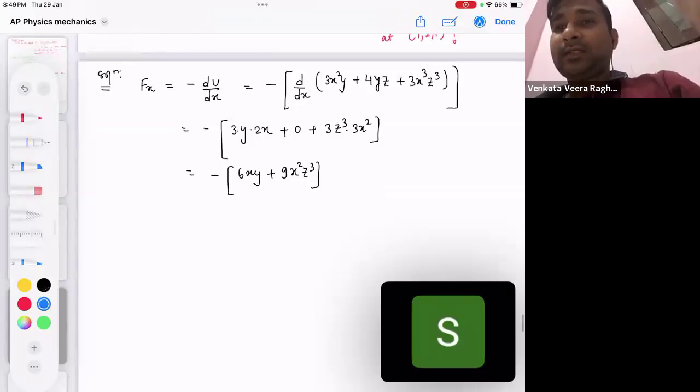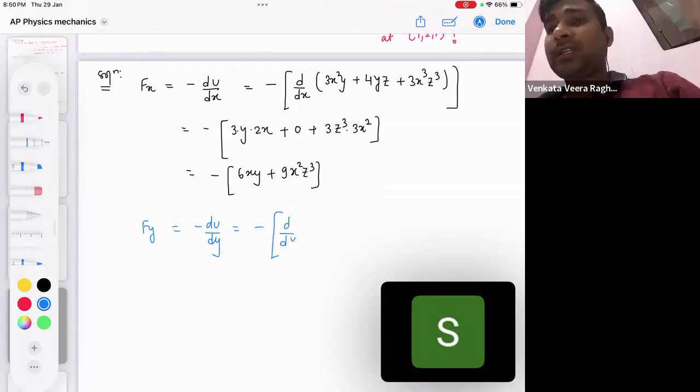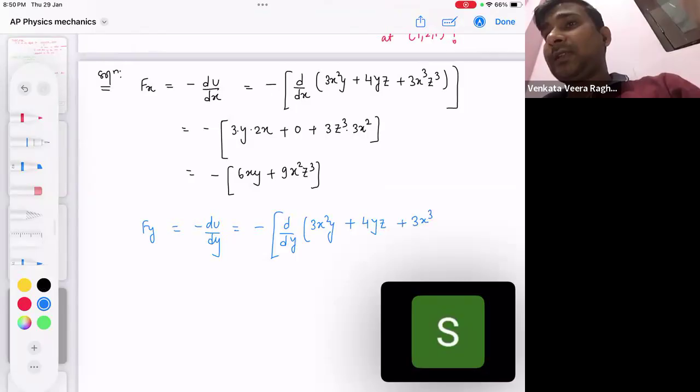Now let's find the force in y. We will write it as minus dU by dy. That means now my variable will be y and everything else will be constant. So minus d by dy of 3x squared y plus 4yz plus 3x cube z cube.